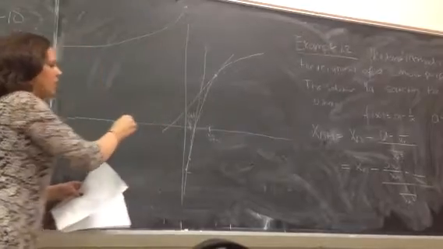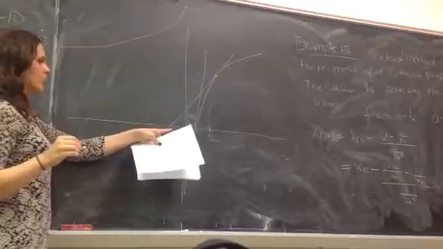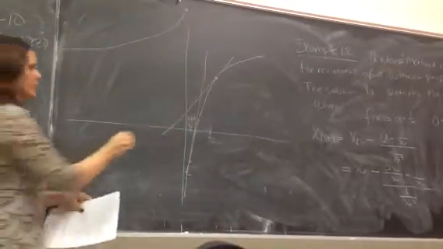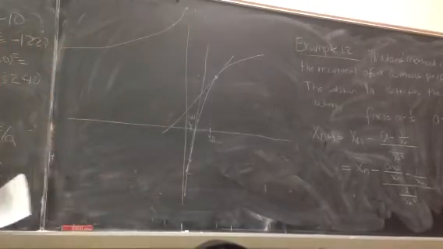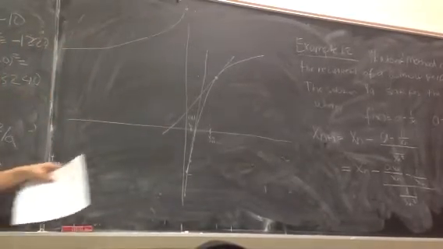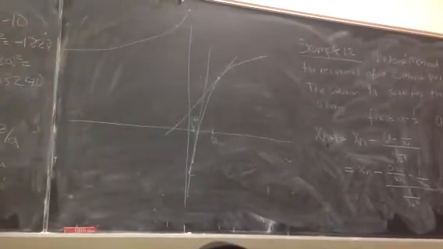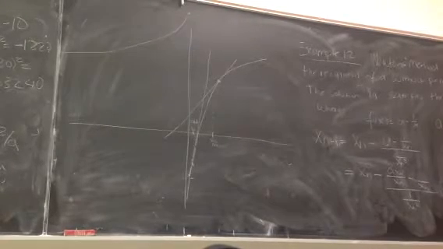And I end up on the other side of the x-axis where this is going to be negative. And so now you can see how that iteration got way off, because we would have a tangent line that would go way out here. And so that's why it's important to choose an initial guess that's sufficiently close to your actual root.